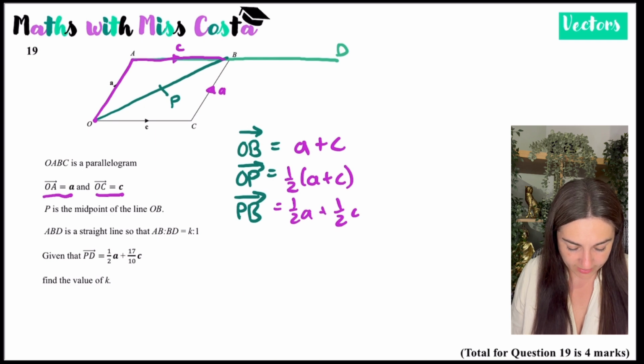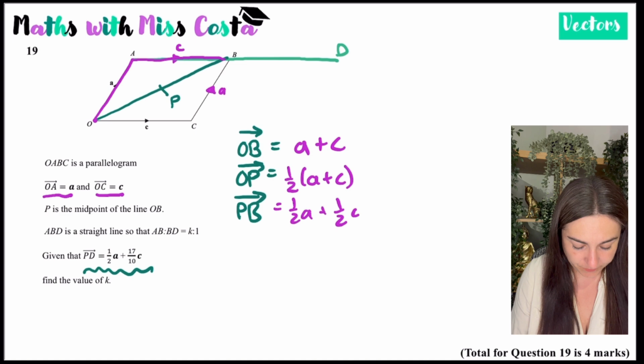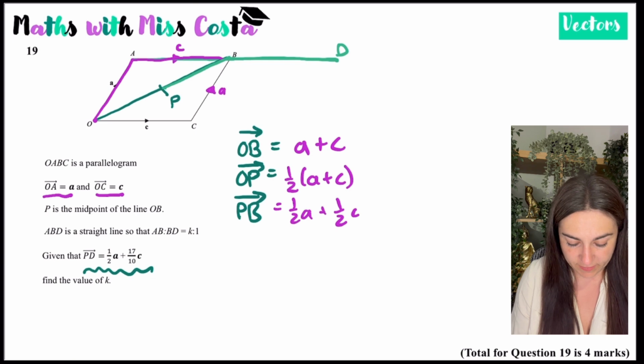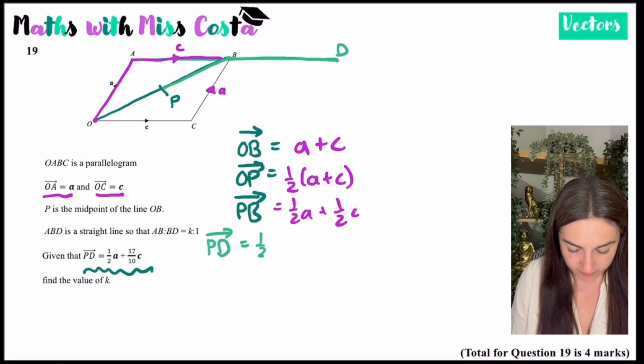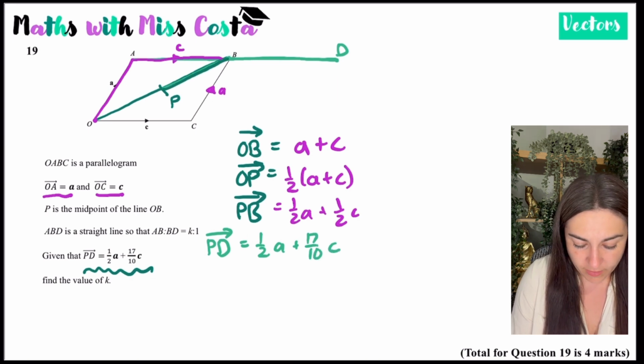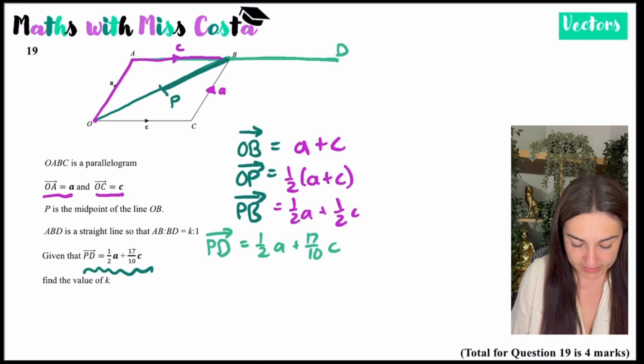I know that PD is this. So to get from P to D, I've been given that vector, which is a half A plus 17/10 C. I know what PB is. So how do I get PD?